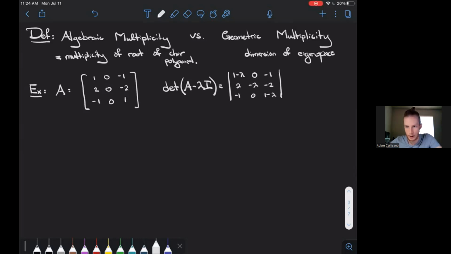May I suggest cofactor expansion along the middle column? This is going to be negative lambda times negative 1 to the fourth, the 2 plus 2, because we're computing the 2,2 cofactor, times the determinant of 1 minus lambda, negative 1, negative 1, 1 minus lambda.